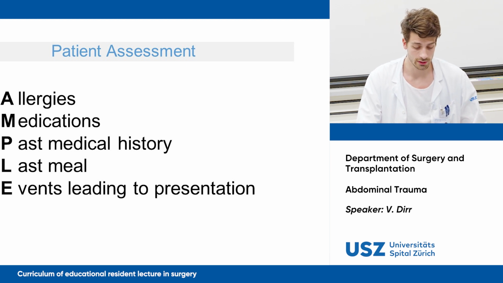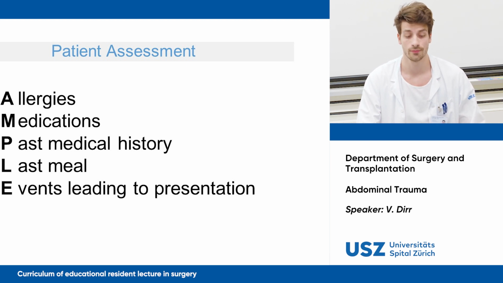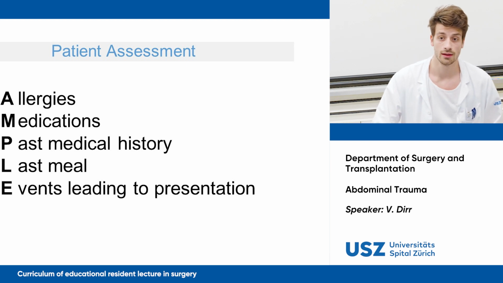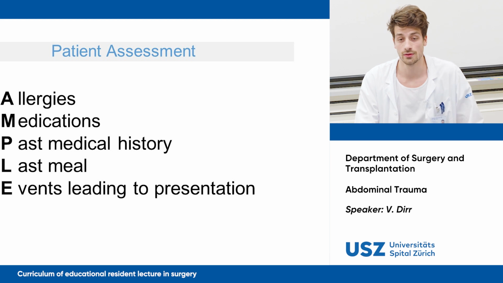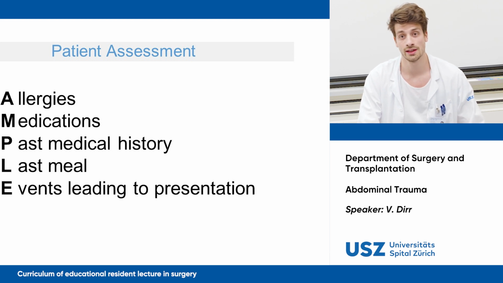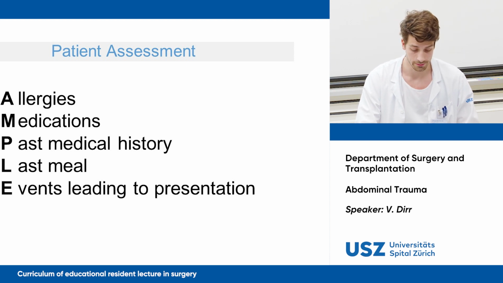And this mnemonic, AMPLE, helps us. A is for allergies, M for medications, P for past medical history, L for last meal, and E for events leading to presentation. And especially events is really important to assess because it can help us to understand the mechanism of the injury and what can possibly be injured inside of the abdominal cavity.